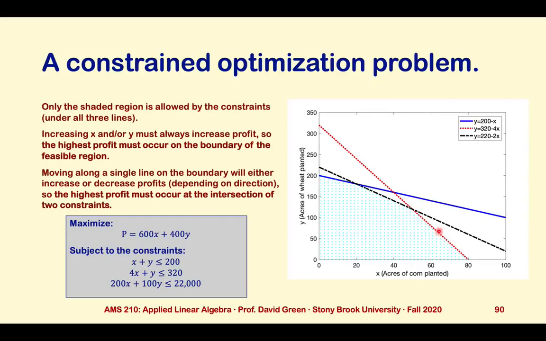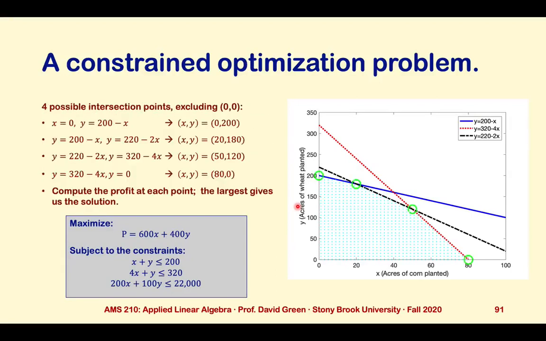Unless, of course, there is a slight caveat that if the slope is exactly the right way, maybe moving along the line doesn't change the profit in any way. But even there, you will still get a maximum value at the intersection point. This feature allows us to limit our consideration to only the points of intersection.